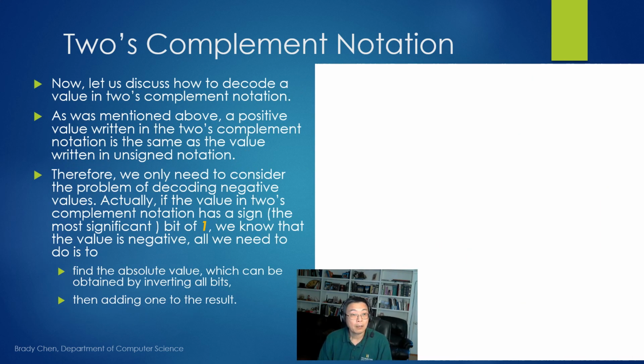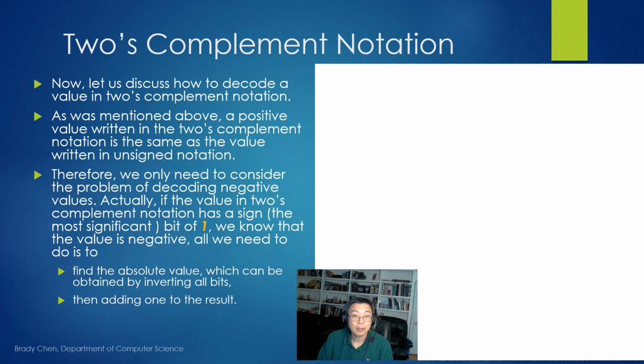Now, let us discuss how to decode a value in 2's complement notation. So we know for a decimal value, whether it's positive or negative, we can convert into a 2's complement notation. But we want to do the opposite. Suppose a number is actually written in 2's complement notation. How can we convert it back to the decimal value?